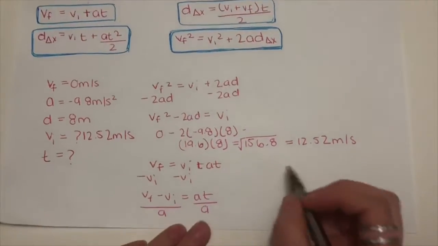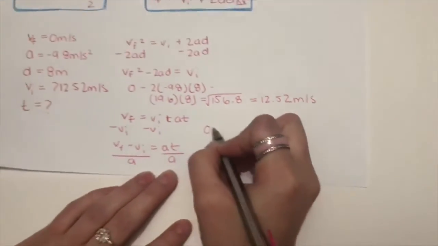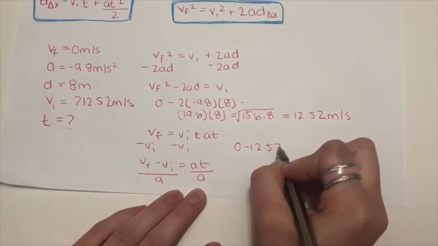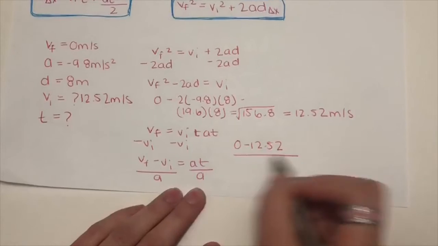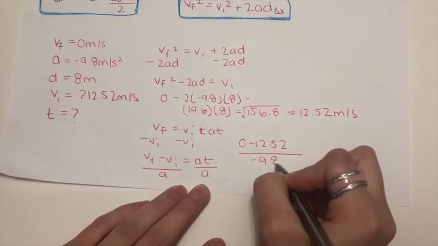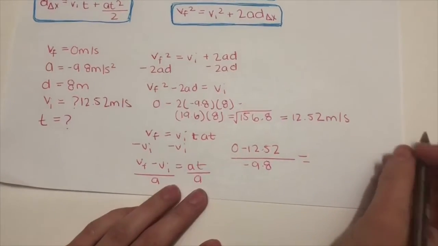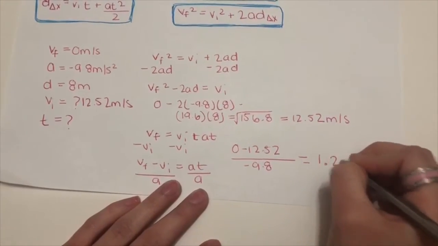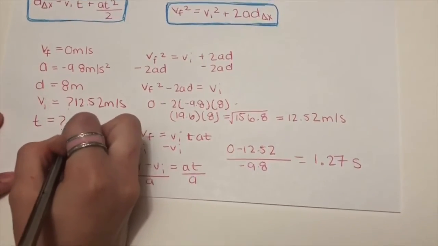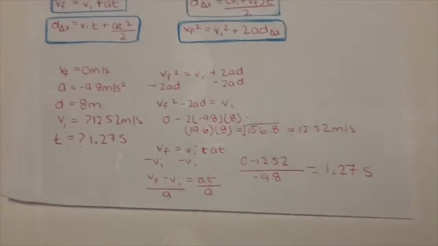So then you're gonna plug it in, and the final is 0 minus the initial, which is 12.52, divided by the acceleration, which is negative 9.8. And then when you divide it, it should give you 1.27 seconds, and now you found time, which is 1.27 seconds.